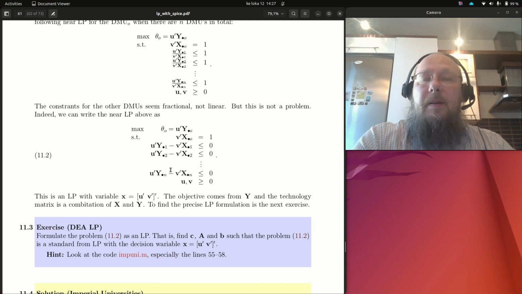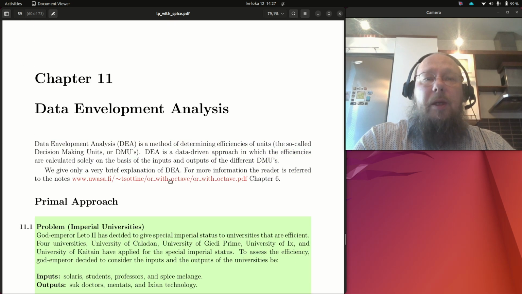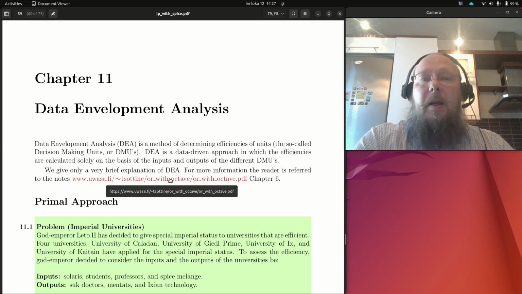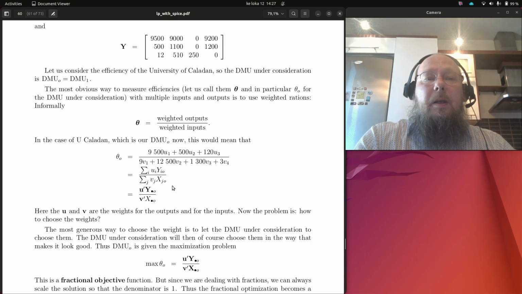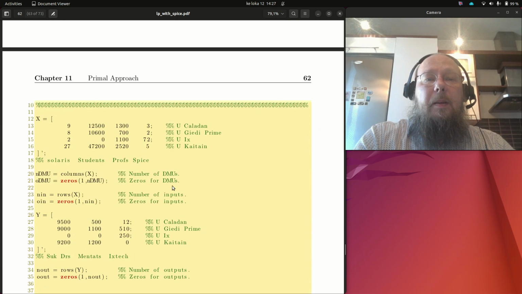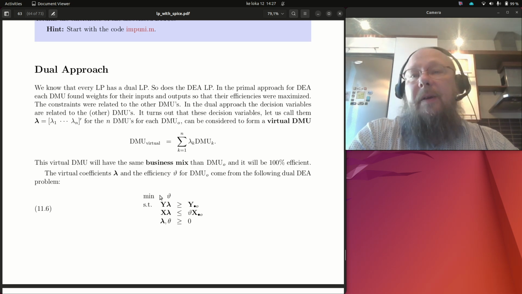If you really want to see the derivation in detail, then go to these notes, chapter 6. It's explained there. Here I will simply interpret the dual a little bit, but skip the actual mathematical or symbolic derivation, if you like.